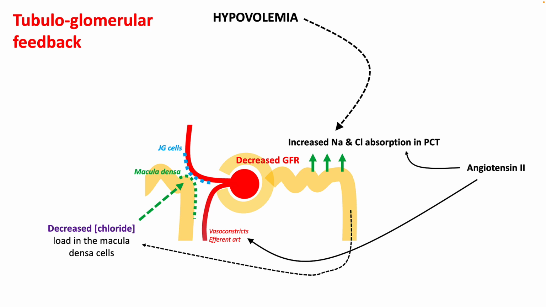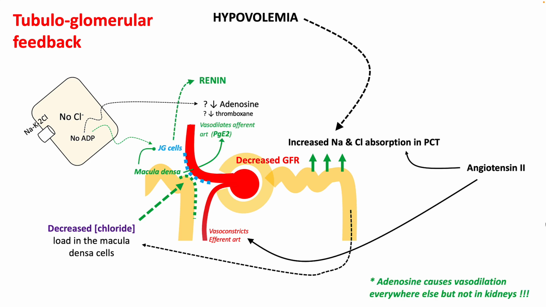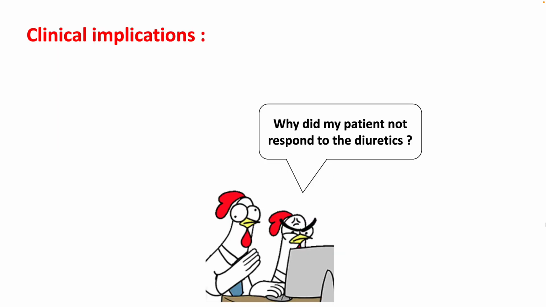This will result in decreased chloride load in macula densa cells and therefore no ATP is generated and JG cells can make renin, and since there is less adenosine and increased production of prostaglandin E2, this causes vasodilation of the afferent arterioles and this will tend to increase the GFR and increase the amount of urine reaching DCT.